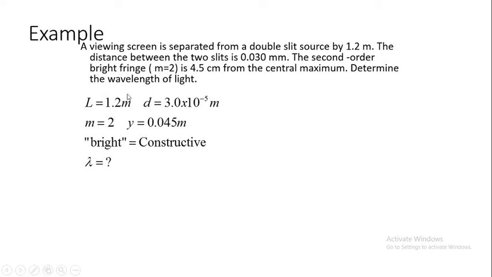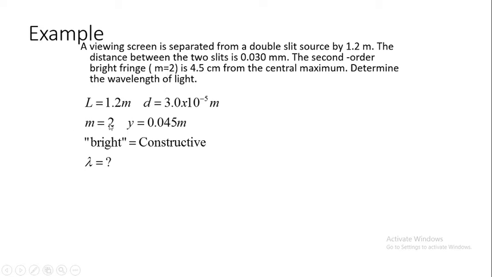So ano mga given? You have the distance between the slit from the screen, which is 1.2 meters. Ano siya nga distance of the slit from the screen. Then the distance between two slits, which is 0.030 millimeter, or 3.0 times 10 to the negative 5 meters. Then ano nga itong fringe in consideration? Ang second order bright fringe.